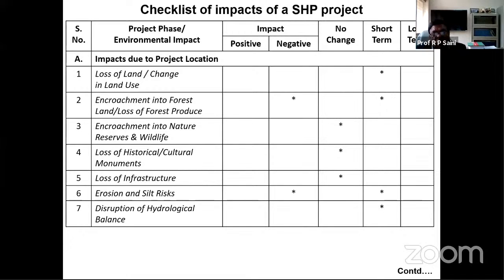It depends on the location of the hydropower plant and what measures are adopted during its construction. So this exercise should be carried out for all hydropower stations through an EIA.